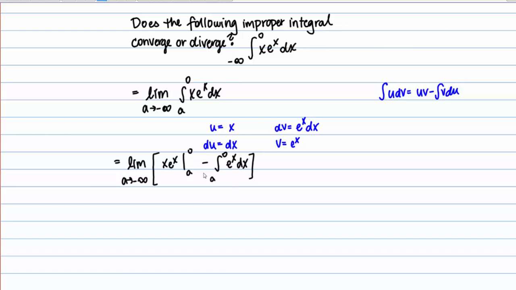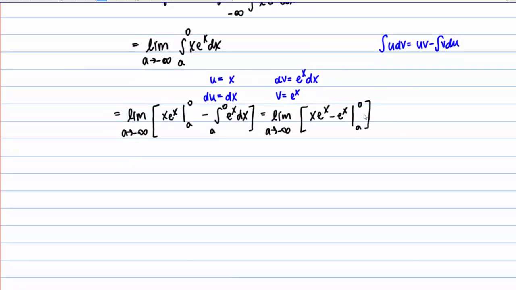Now this new integral, e to the x dx, is really easy to compute. So if we continue and actually do that, we end up with x e to the x minus, and then this second integral is just going to give us e to the x, and we're evaluating that all from a to 0. So now our next step is to plug in our bounds here. Once again, we're going to keep carrying this limit with us throughout the process.